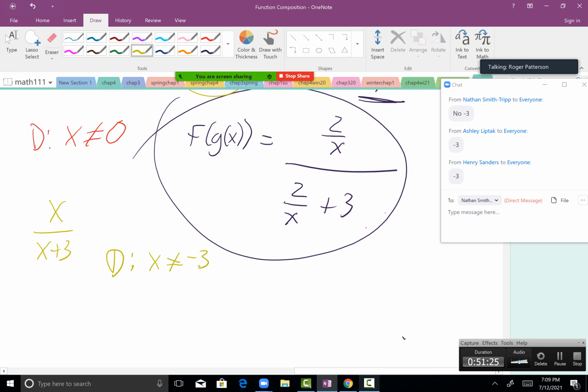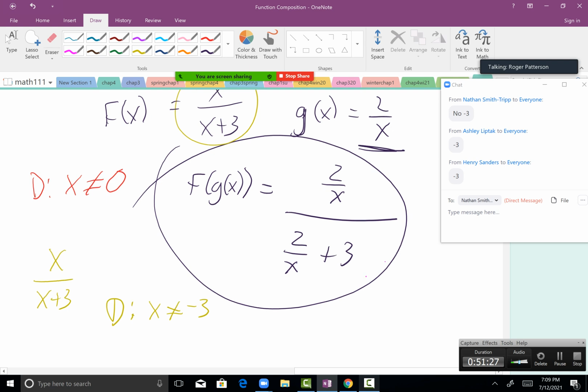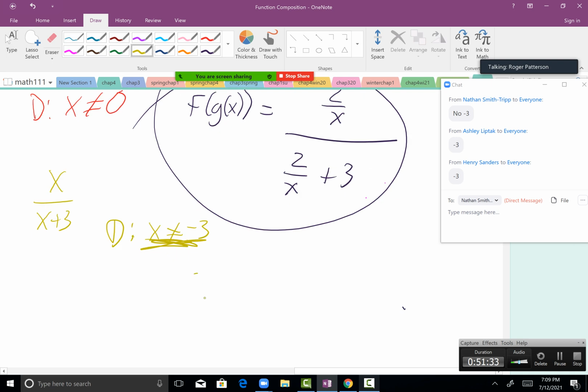But remember, these are the inputs that come from the outputs of this. So then what I got to do is come over here and solve that equation. I got to figure out when 2 over x is going to be -3, because when it is, I got to toss that number. I can't have that.